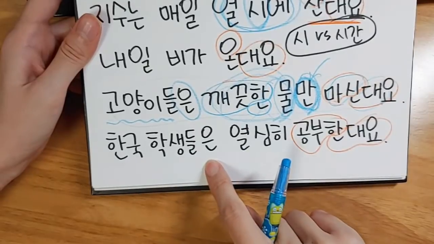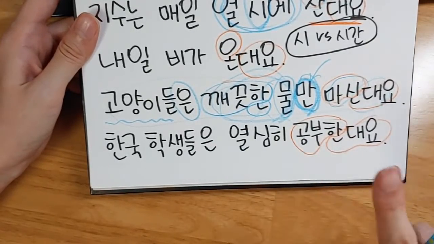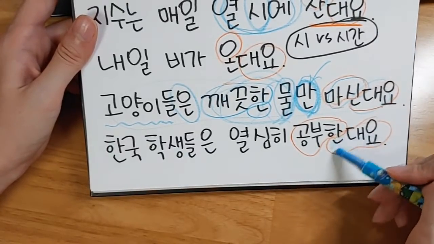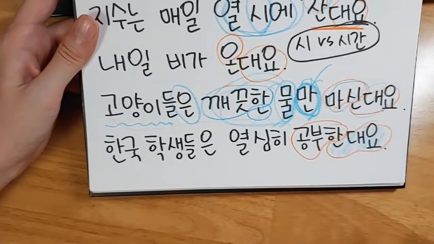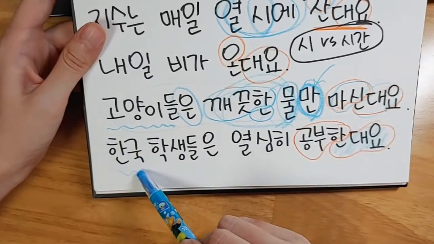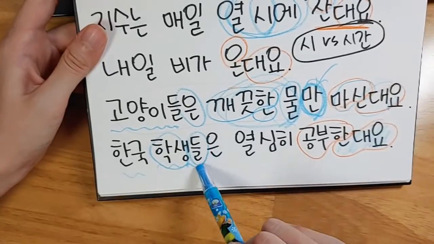한국 학생들은 열심히 공부한대요. So if you see 대요 ending, you can notice that this is reporting what that person heard from a third source, right? So it means 한국, Korea, 학생 student, 학생들 students.